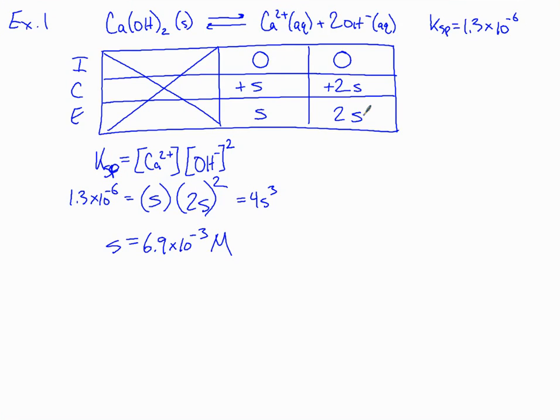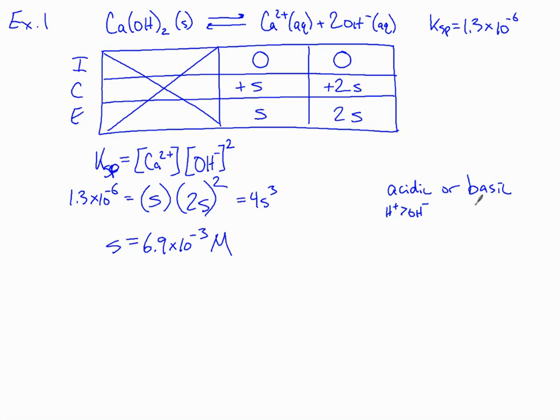In this same question, it says, is this solution acidic or basic? AP level acid-base is later in the year, but all of you have had Chem 1, and we know that in an acidic solution you have more H plus than OH minus.